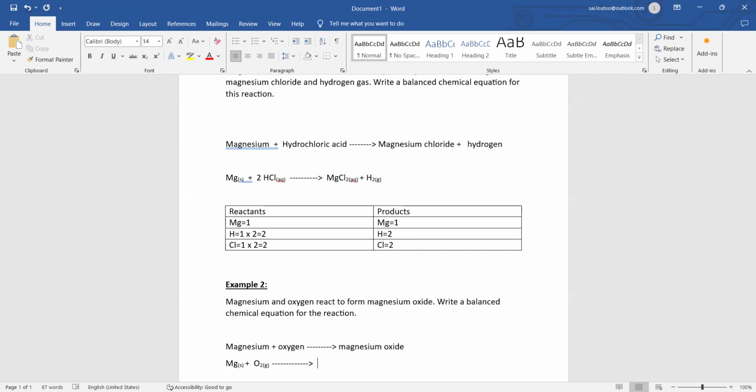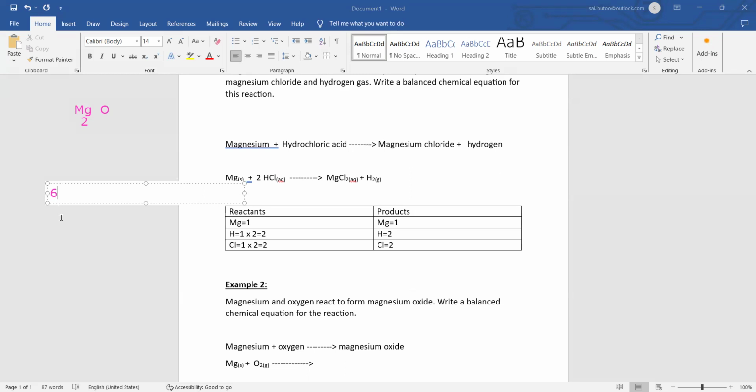So I'm doing the formula writing on the side here. You write the symbols, MgO. Magnesium belongs to group 2 on the periodic table, so the valency is 2. Oxygen belongs to group 6.